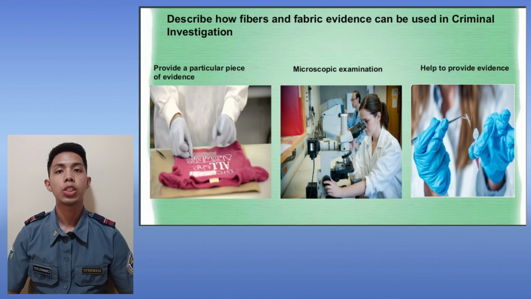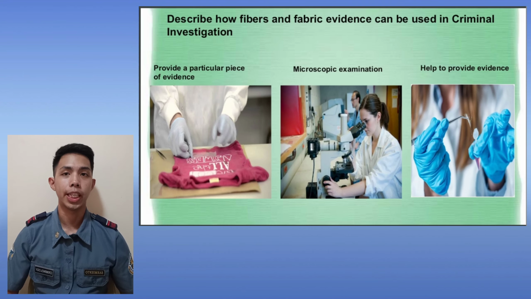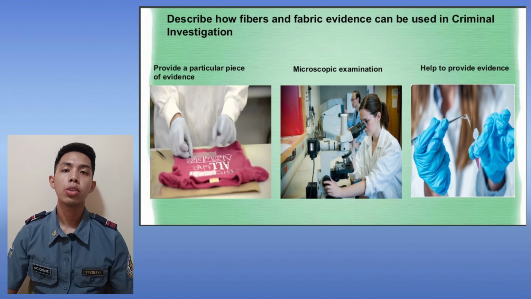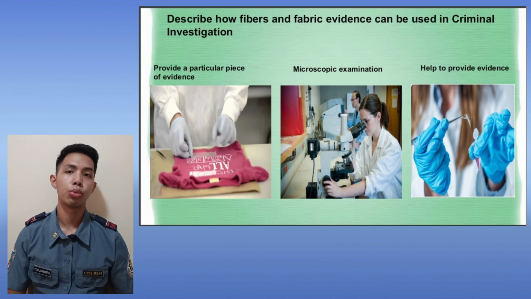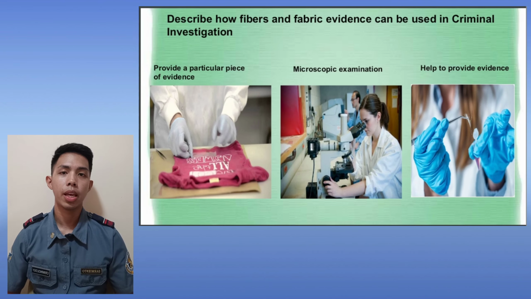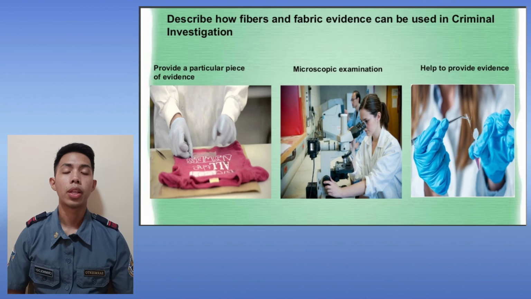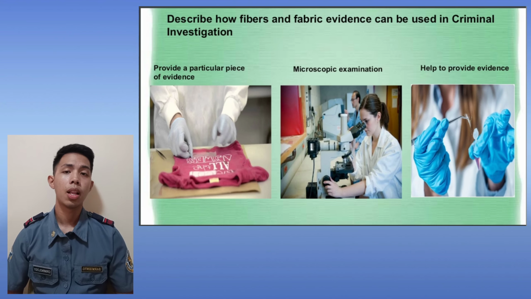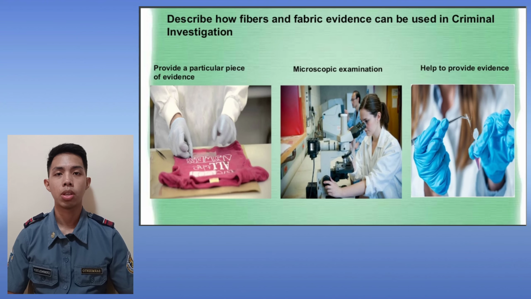Slide 5. Describe how fibers and fabric evidence can be used in criminal investigation. Fibers and fabric evidence can be used in criminal investigation because the quality of fiber evidence depends on the ability of the criminalist to identify the origin of the fiber, or at least to narrow the possibilities to a limited number of sources.